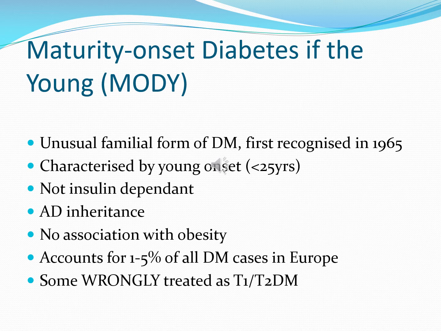Now, the issue with this is that some patients were wrongly categorised and therefore treated as type 1 or type 2. And actually, very recently, end of 2019, there's a publication from a group in Edinburgh that have a big diabetes unit, and they looked at all their type 1 diabetic patients and they screened them using urine C-peptide. As we spoke earlier about urine C-peptide, you'd expect it to be very low, if not undetectable, in type 1 patients.